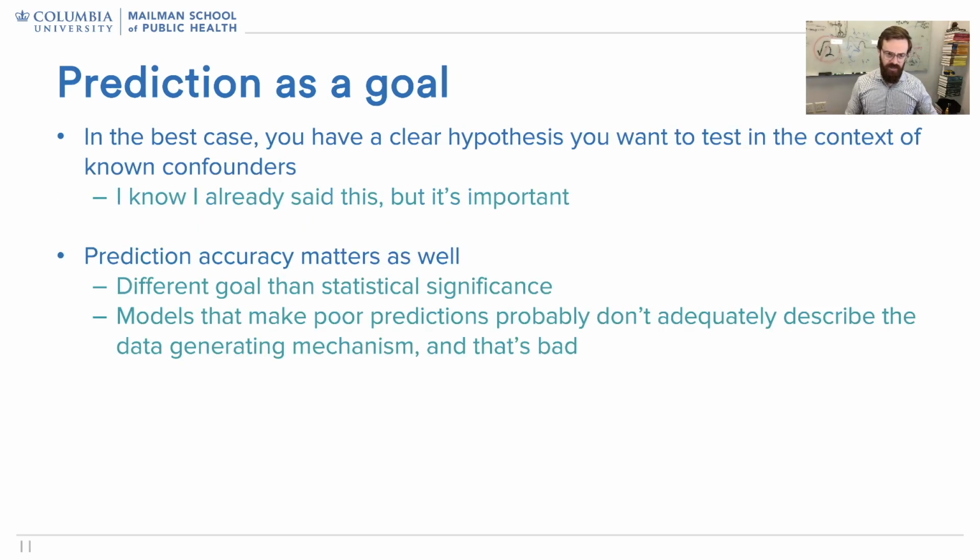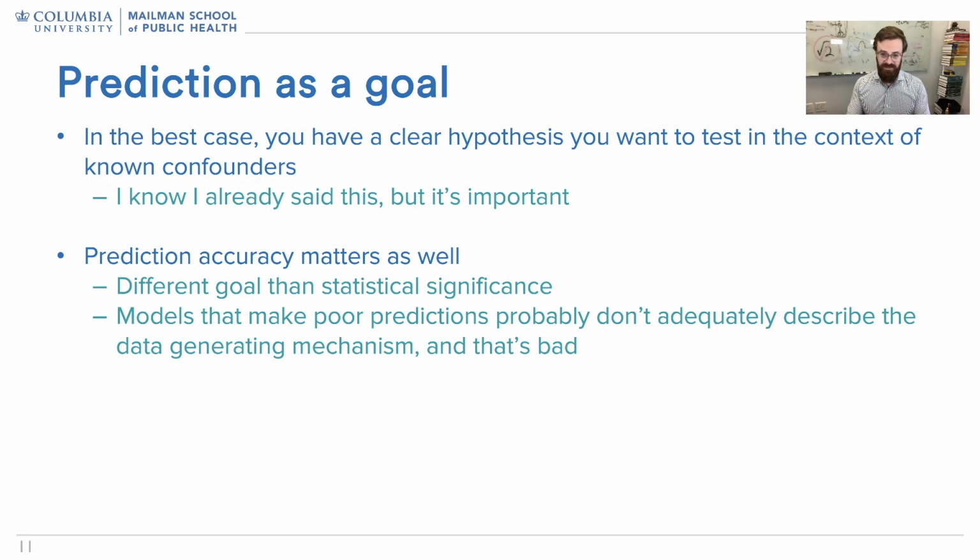Now I want to comment briefly on a point that I made previously: if you are starting out from the idea that you are trying to generate statistical evidence, in the sense that you want a p-value for a hypothesis test that tells you whether some exposure is related to some outcome, that's great.